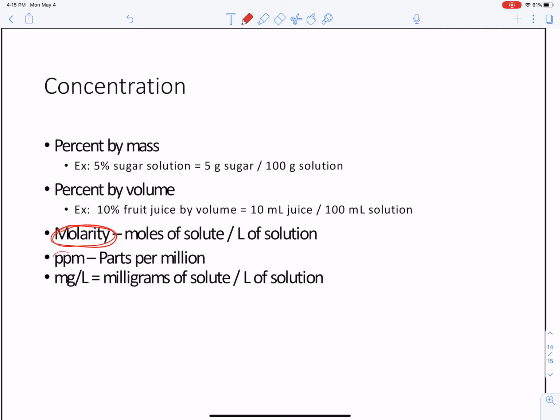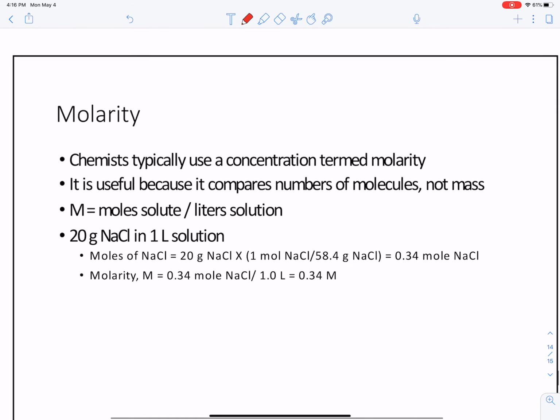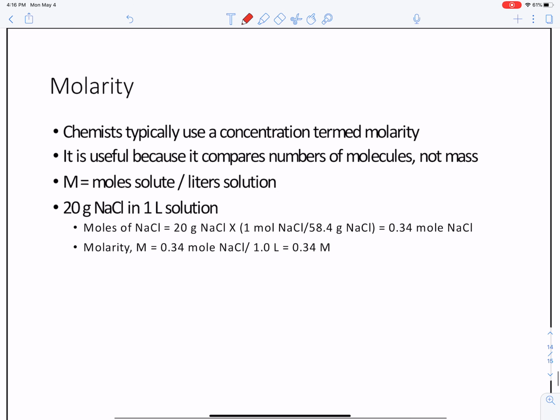You also see parts per million or parts per billion, or sometimes milligrams of solute per liter of solution. But most of the time, we're really working with this percent by mass because of the nature of your business.